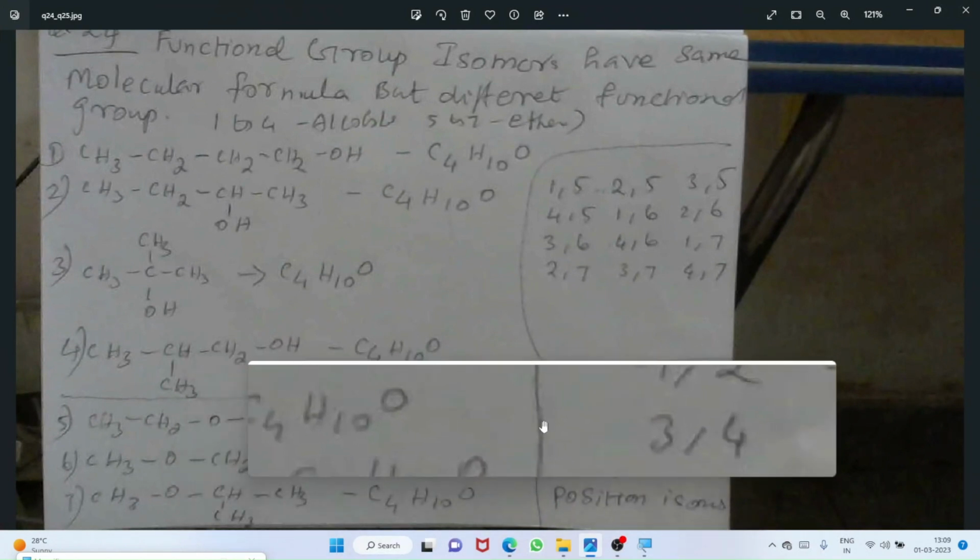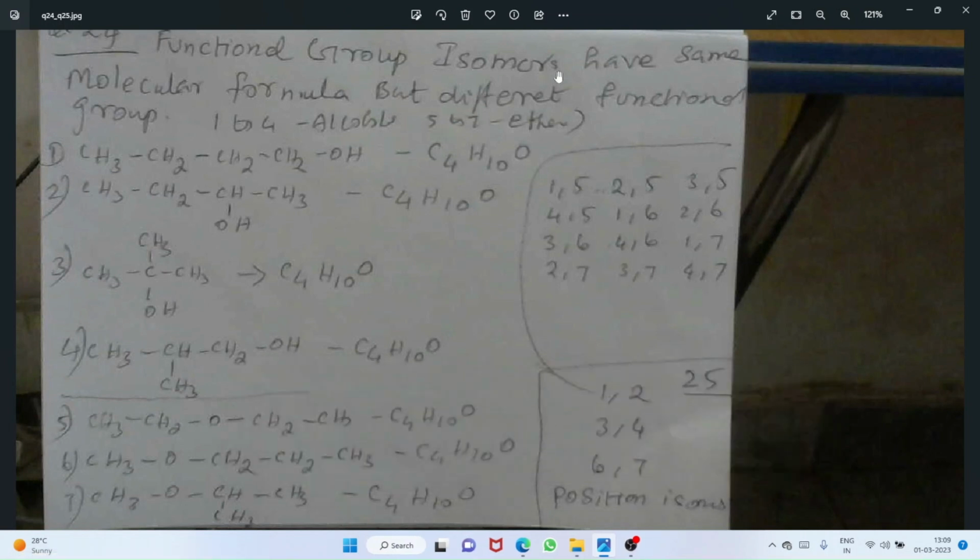Functional group isomers have the same molecular formula but different functional groups. Okay, so here these are the functional group isomers.